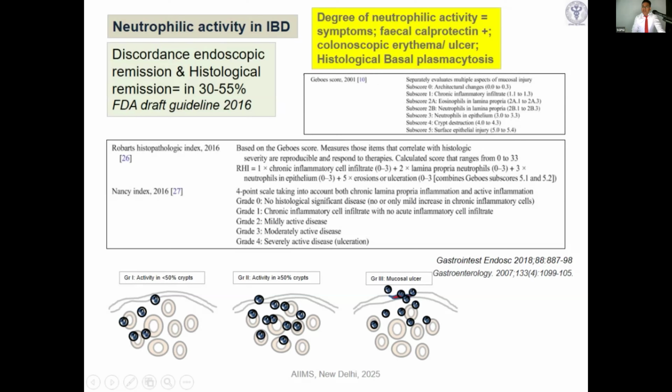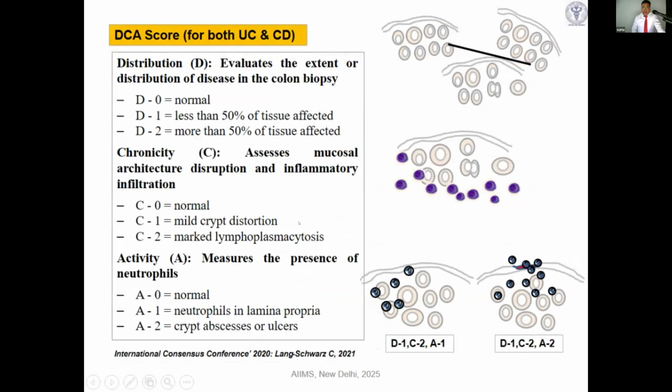There are many scoring systems available. The GHAS score is very well validated and can be used for clinical trials. But for routine use, we commonly use the Nancy index because it is very easy to use. On the other hand, the DCS score, which was reported of late, in 2020 or so, relies on three features.